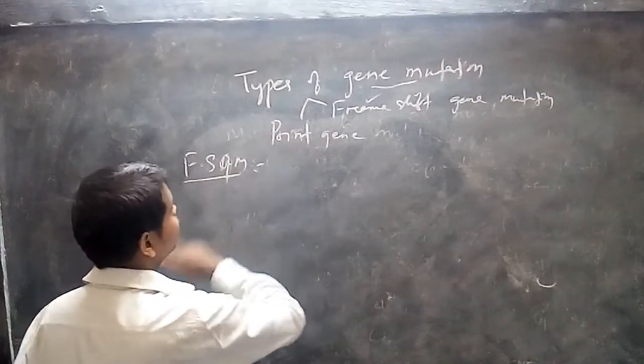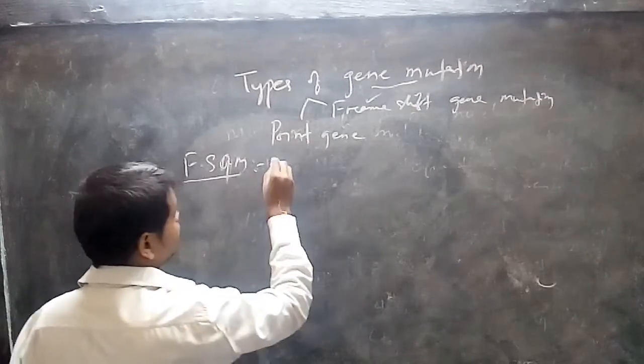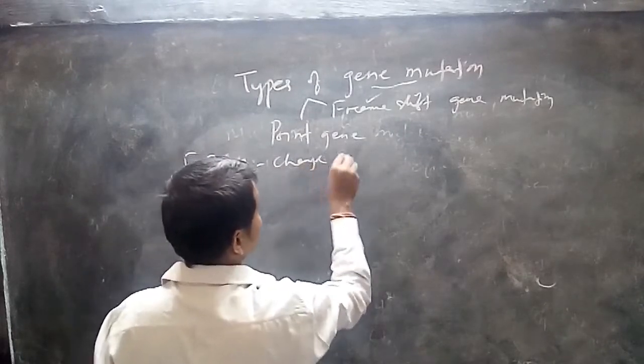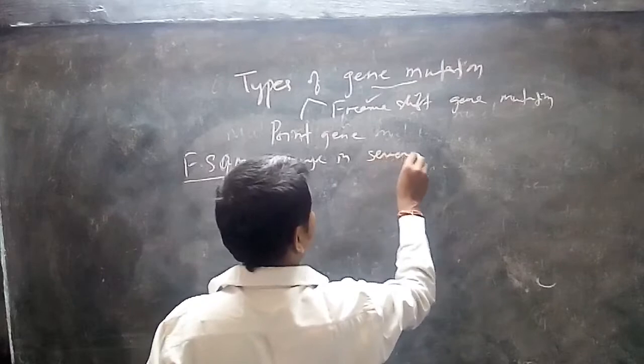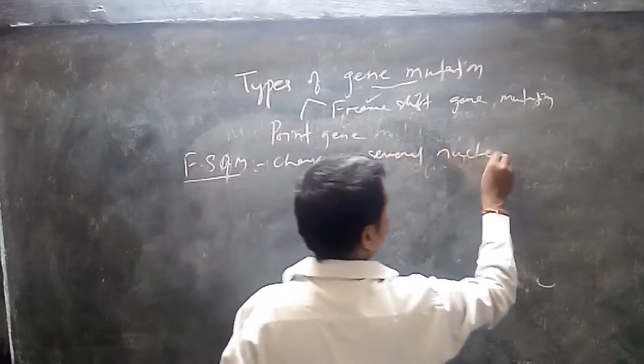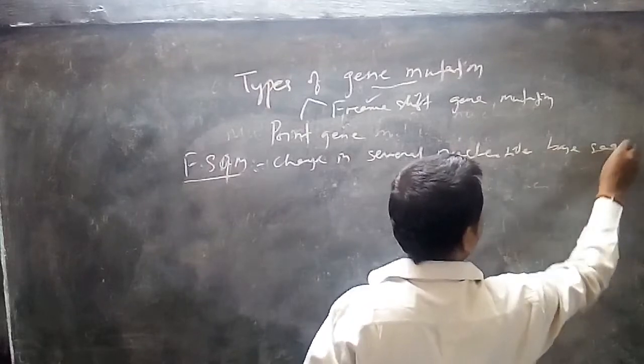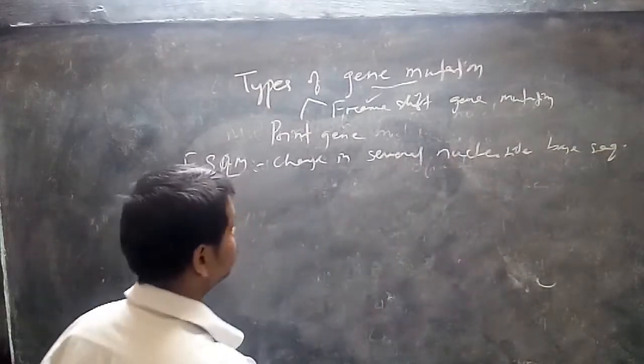Mark here. Frame shift point gene mutation is defined as when change in several nucleotide base sequence occurs. Shortcut, I am writing in shortcut.